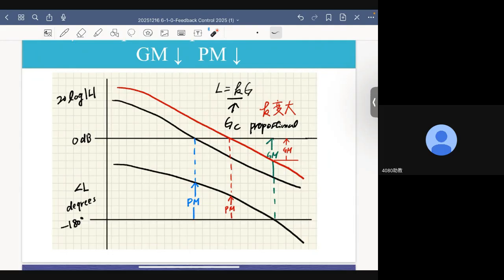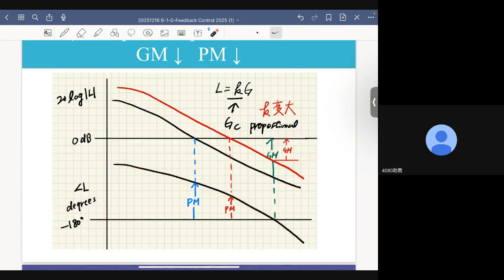And based on the result of this elevation, you will see that the gain crossover frequency shifts from here to here. And the result is the phase margin therefore becomes smaller, because at a higher frequency, my phase response has a smaller angle, all right? Same thing happens to the gain margin, okay?